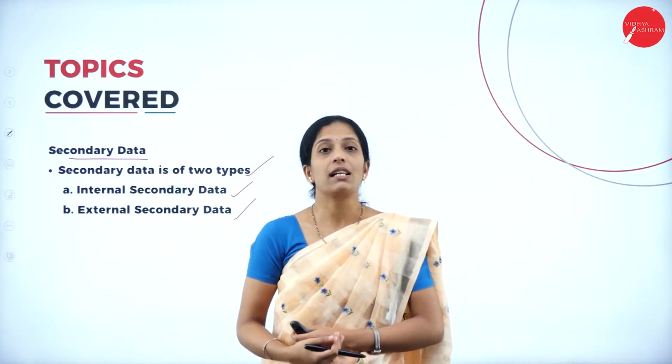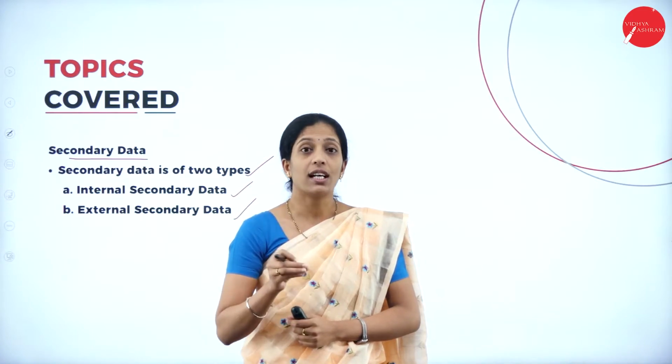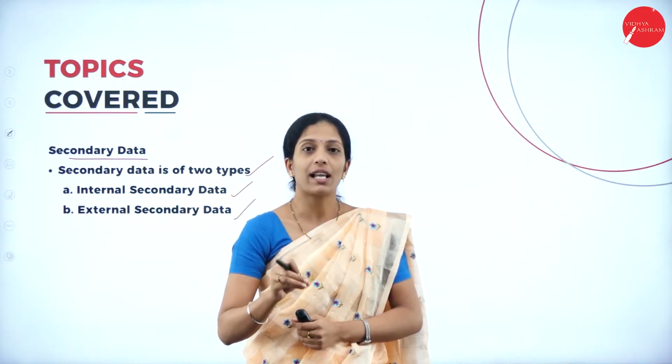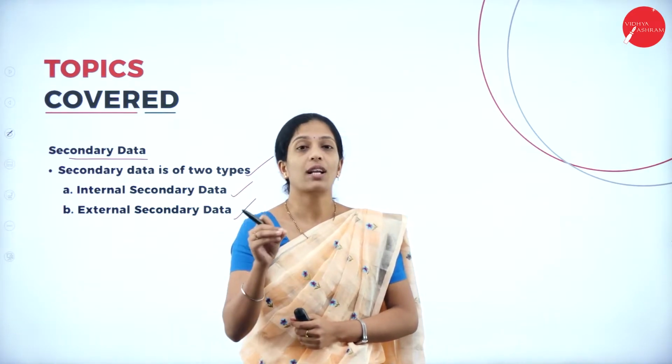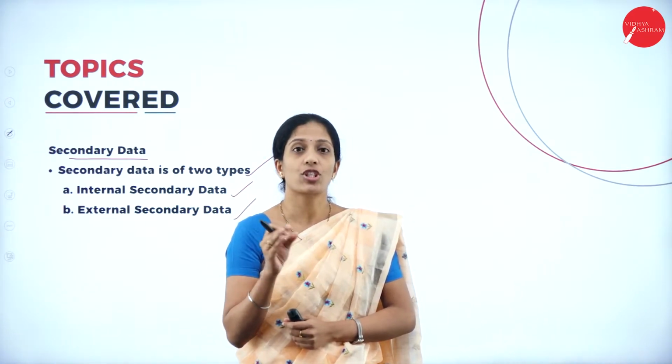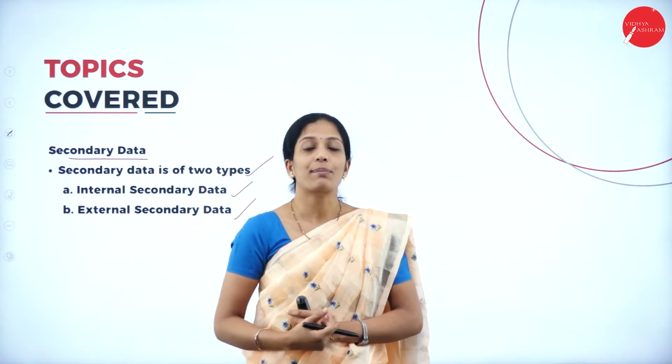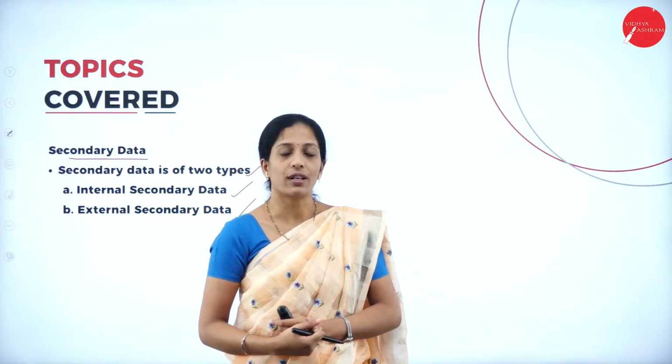Now what do you mean by internal secondary data? Here the researcher is going to collect the information not for the first time but inside the organization, that is within the organization, which has been already collected by some other person or organization.